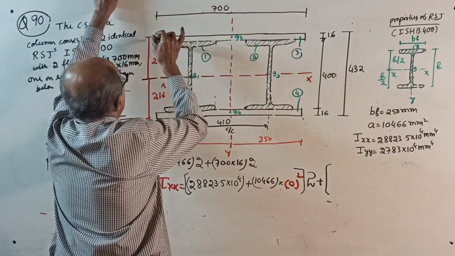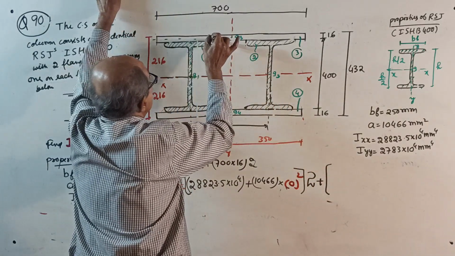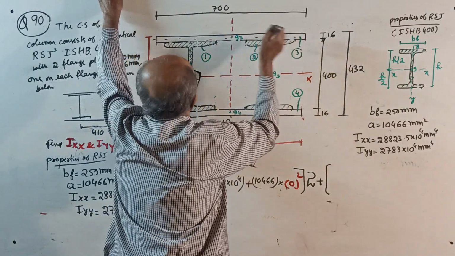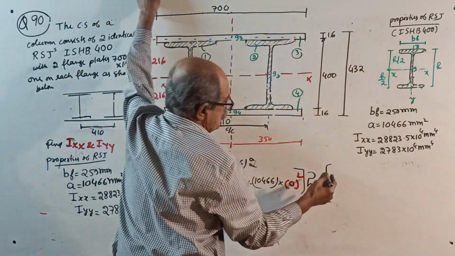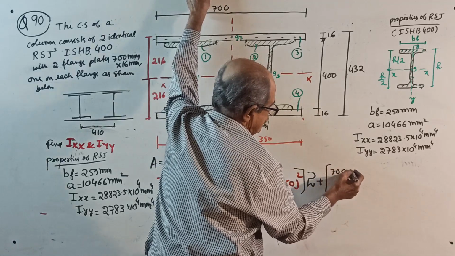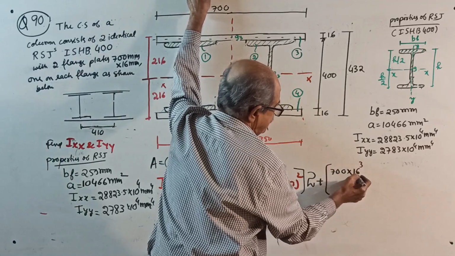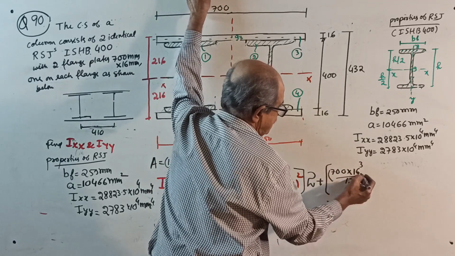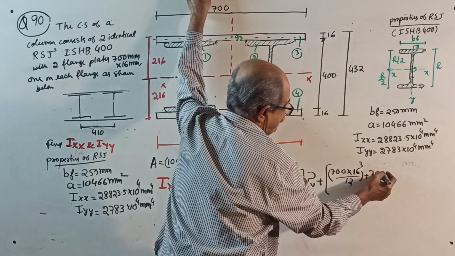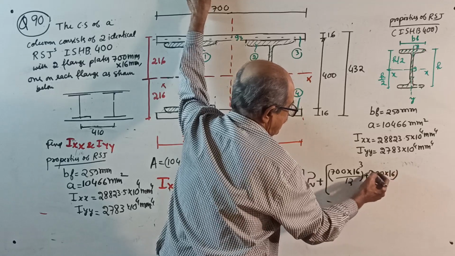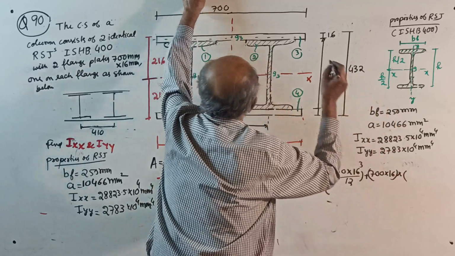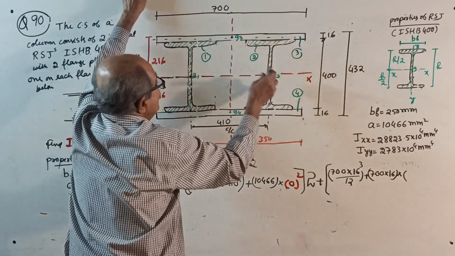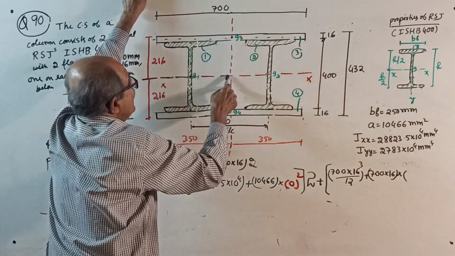Plus, for the plate, I about its own centroidal axis parallel to the x-axis is 700 into 16 cube by 12, that is Ig, plus area. 700 into 16 is the area, into the distance from centroid G3 to the x-axis. It is not lying on the x-axis.